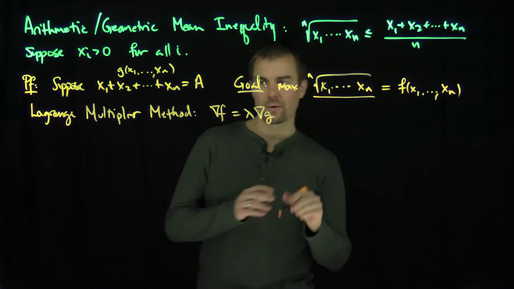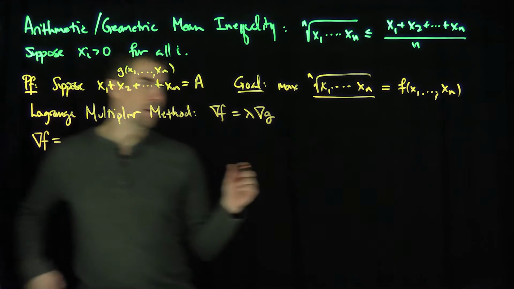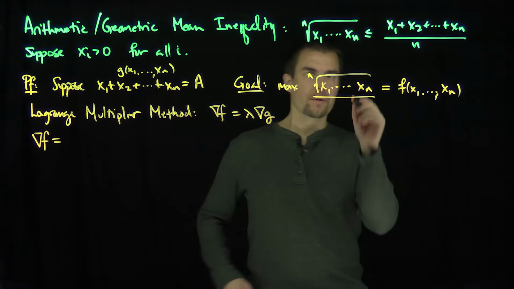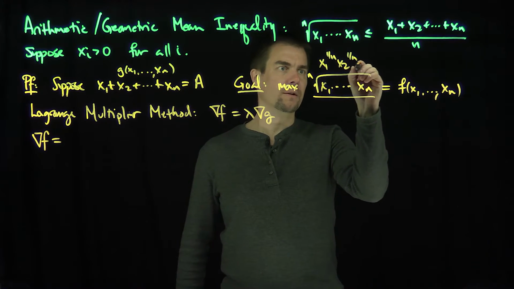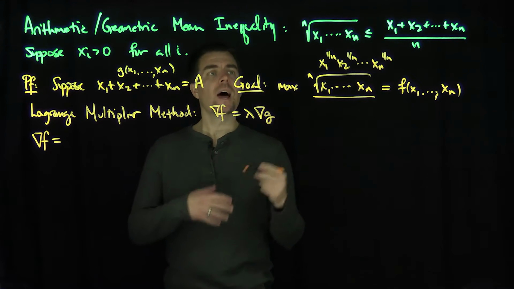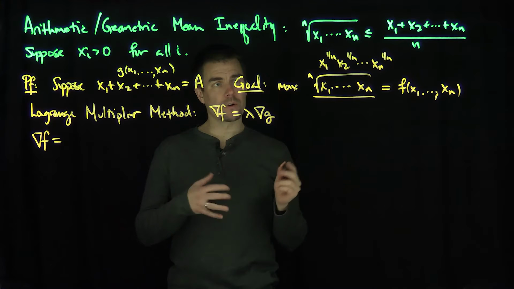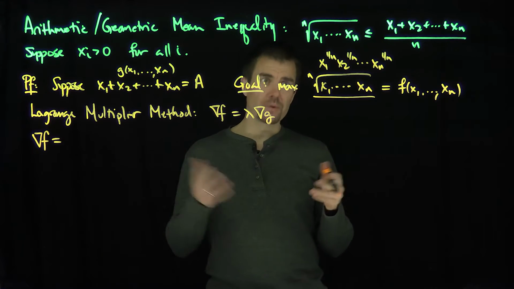So the gradient of f is going to be, well, if I do the derivative with respect to x1, this is really the formula x1 to the 1 over n, x2 to the 1 over n, through xn to the 1 over n. So if I do the derivative with respect to x1, I'll have a 1 over n, x1 to the 1 over n minus 1. And that's permissible since x1 is not equal to 0.